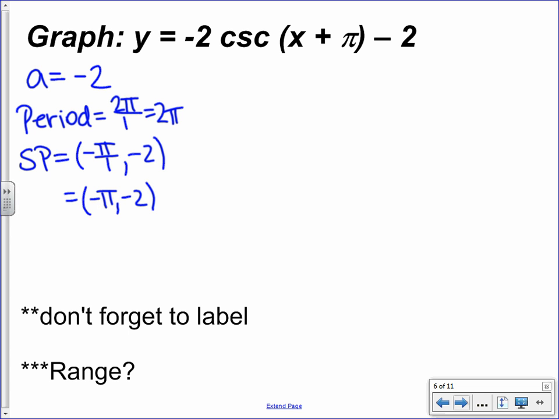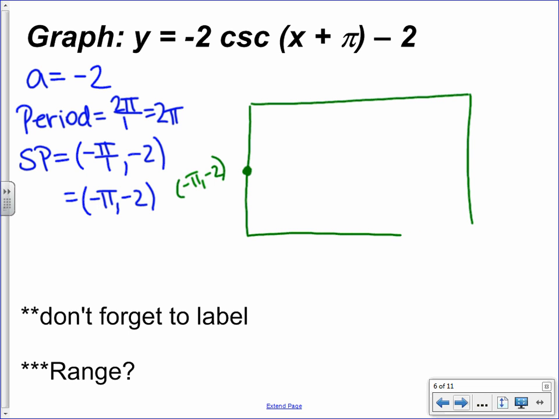Okay. So here is -pi, -2. I'm going to draw up 2 and down 2, because if we were graphing sine, that would be the amplitude. And we're going to go over the length 2 pi.